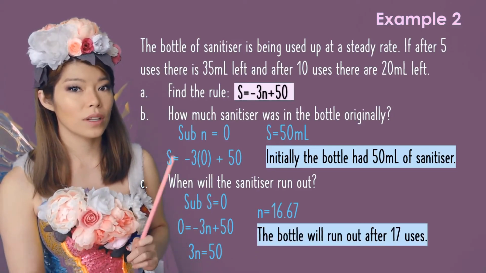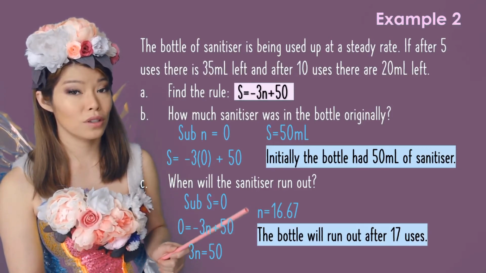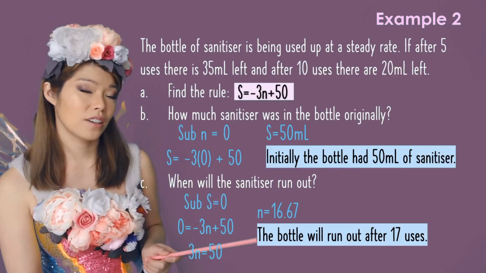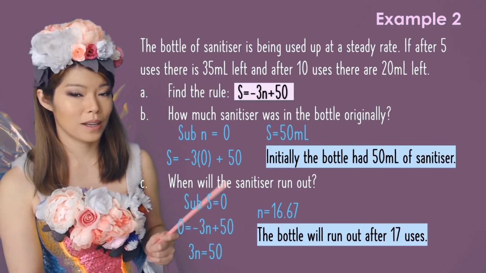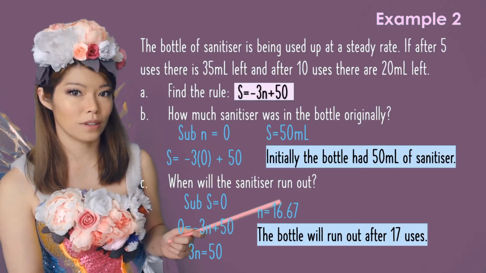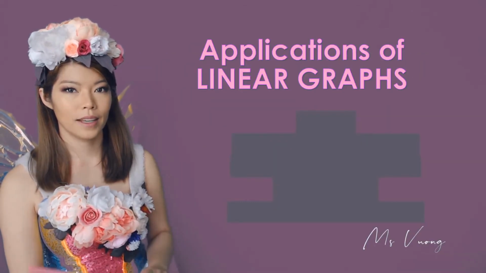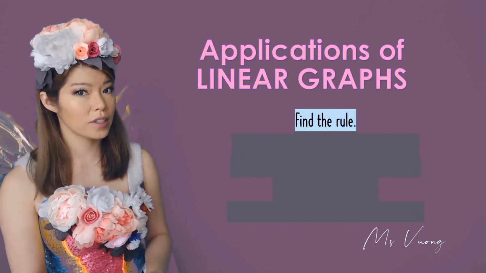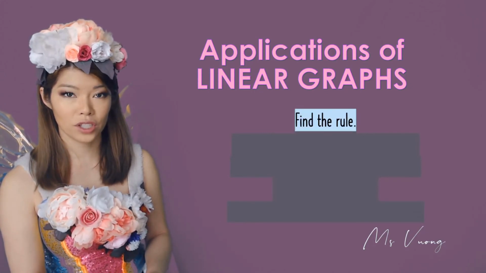So be very careful what the question is asking for. You have to use your judgment to see what the answer should be. More often than not, we're rounding down, but in this scenario, because we can use half a squirt of sanitizer, we round it up. So whenever you get a worded problem, it's really important to find the equation first, and that will help you answer the other questions.